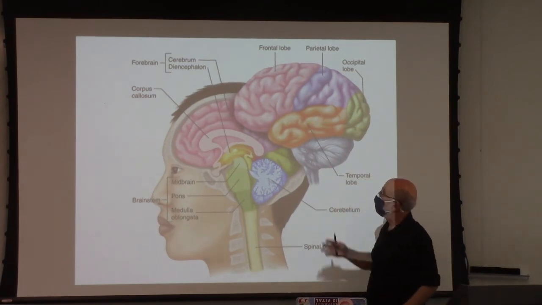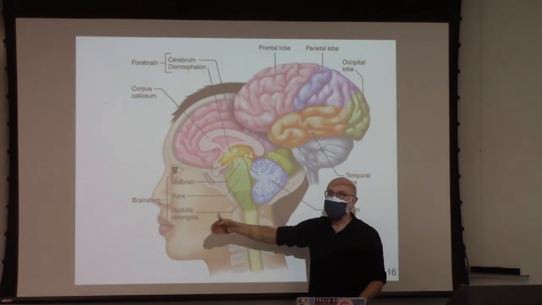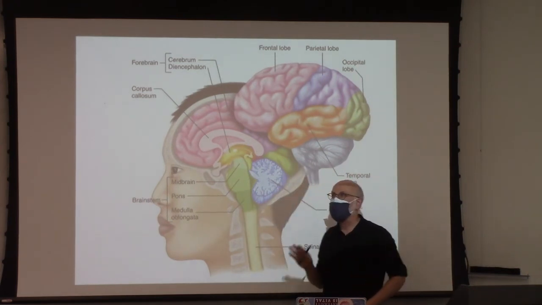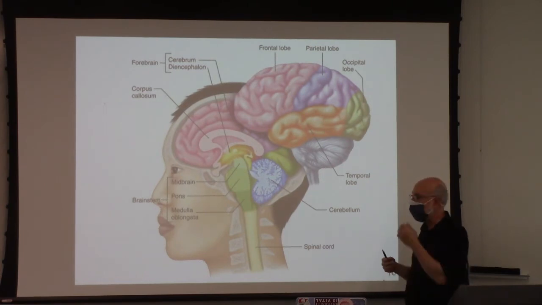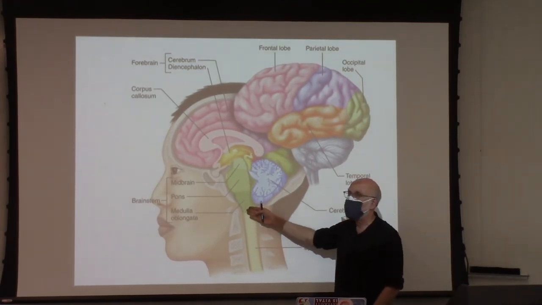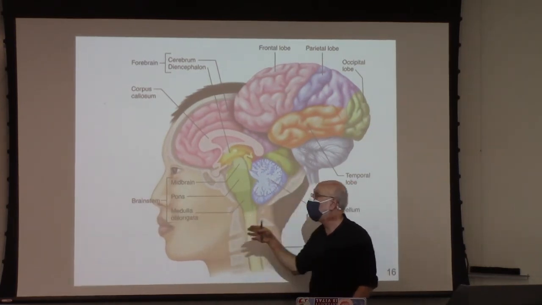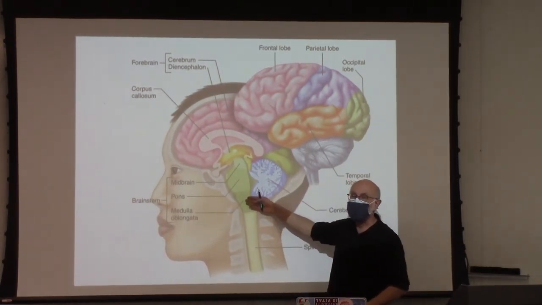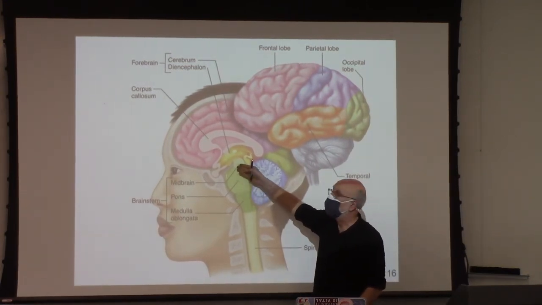So here's a cartoon of a sagittal section. Midline, sagittal section, looking at the brain from the middle. Let's talk about some of the structures, just using the names. Spinal cord is connected to the brain by the brain stem, which has three regions. The medulla oblongata, the pons, and the midbrain.